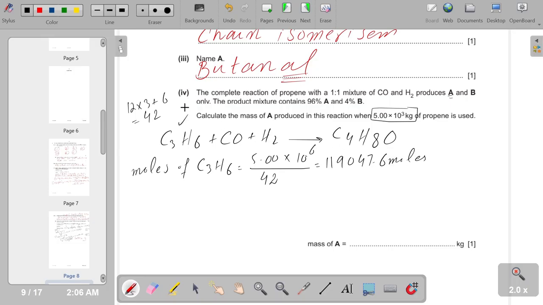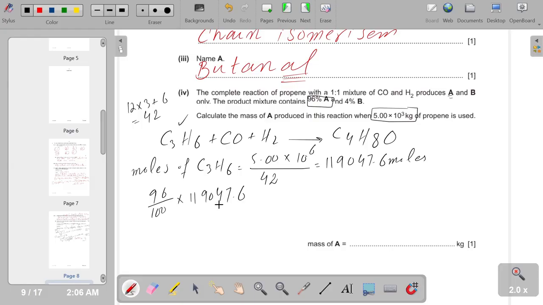Understand now? The question asks for the mass, so we need to convert to mass. But the problem is, it is producing 96% of A. So first we need to find the 96% of 119047.6.